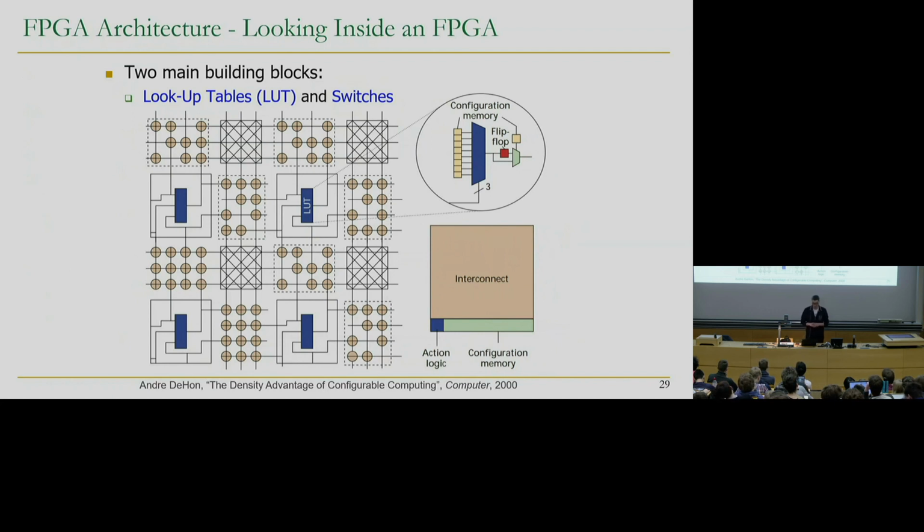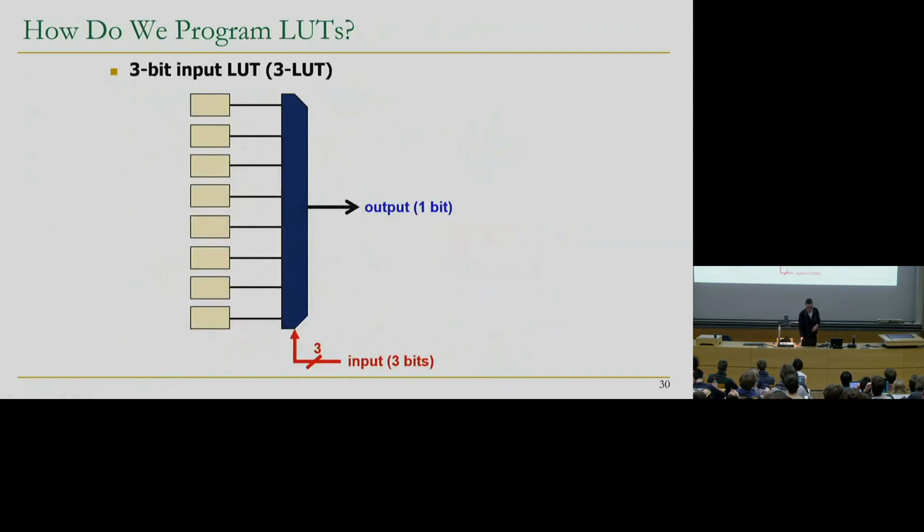So when we look at an entire FPGA, the majority of the FPGA consists of interconnects, as you see over there, and lookup tables, essentially. And for the lookup table, I think there is a nicer picture showing that.